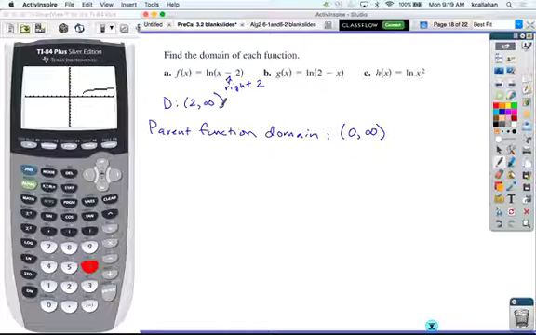Okay, what's going on in this one here? I mean, it looks like there's a 2, right? Definitely it's either going right or left. It's a little confusing because now there's a minus in front of the x. And what does the minus in front of the x usually do?